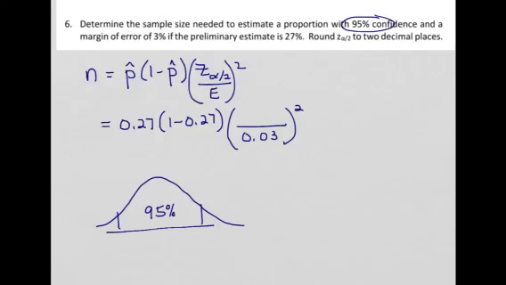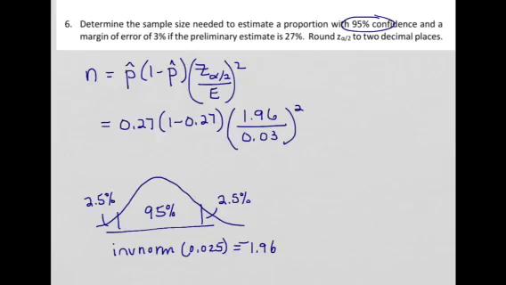And you don't have to draw the figure, but I feel like it helps me, so I'd like to do it. And that gives me 2.5% in each tail. And I calculate inverse norm of 0.025, and this gives me negative 1.96.